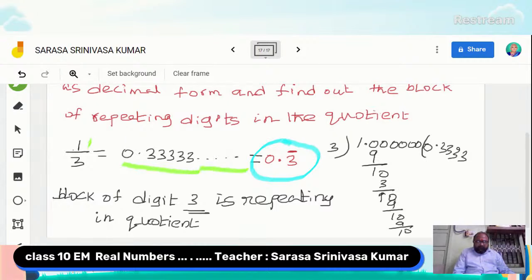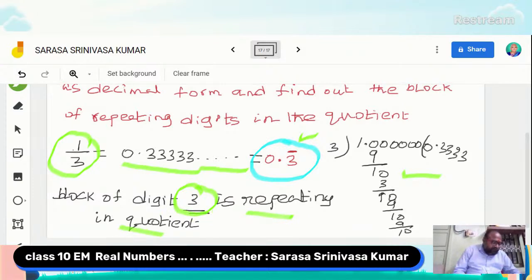So this is expressed as 0.3 bar. Actually we have to divide this, and the block of digits here is only 3. The block of digit 3 is repeating in the quotient. So that's what we must conclude.